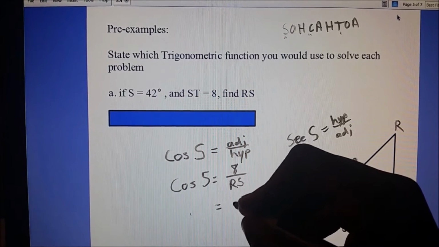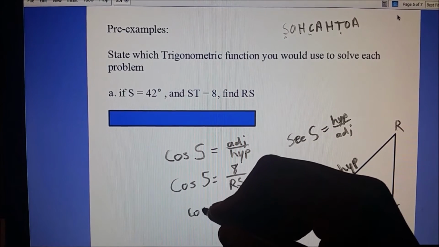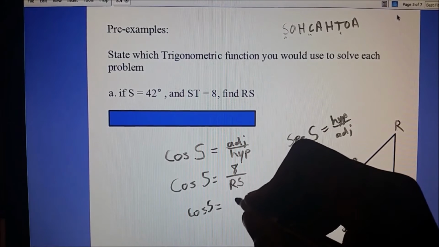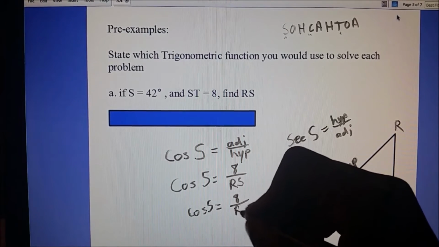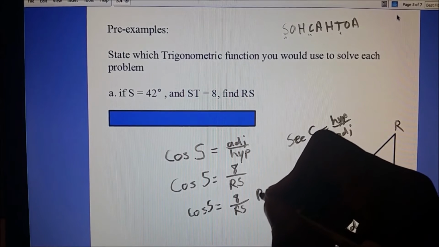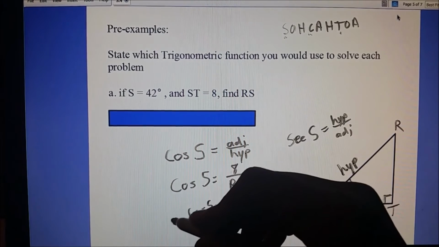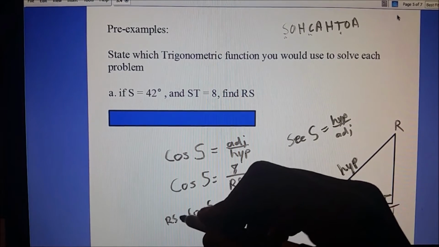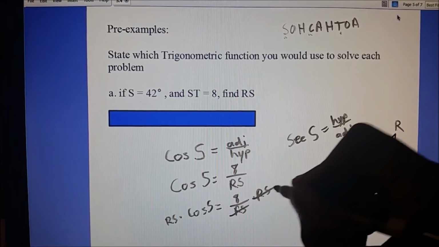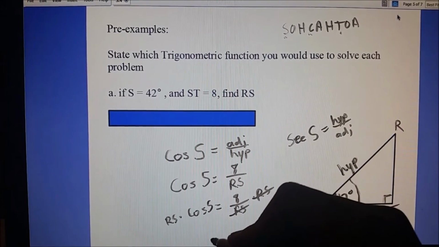So I'm going to have cosine, bring that down. And I have 8 over RS. Multiply both sides by RS, okay? Because we're in the process of getting rid of it. Since these are inverse operations, they cancel.